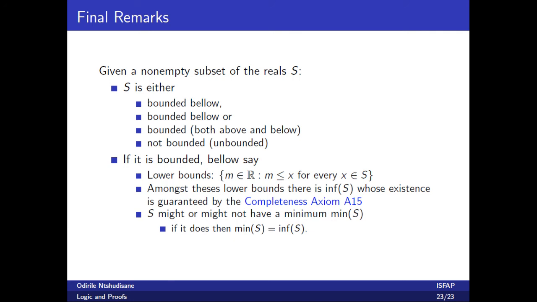If indeed it is bounded, say below, one has a set of lower bounds of the set S, and amongst these lower bounds there exists an infimum of S, which is the greatest lower bound, or one can think of it as the best of the lower bounds, and the existence of this infimum is guaranteed to us by the completeness axiom.